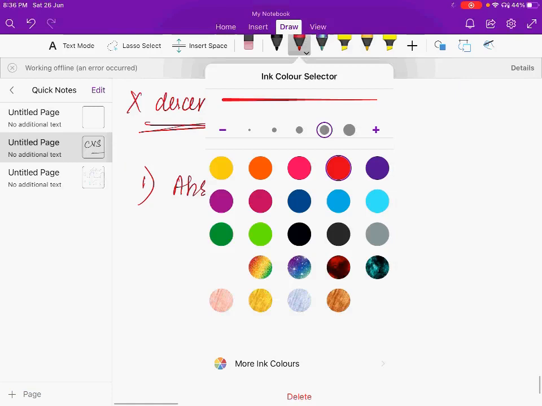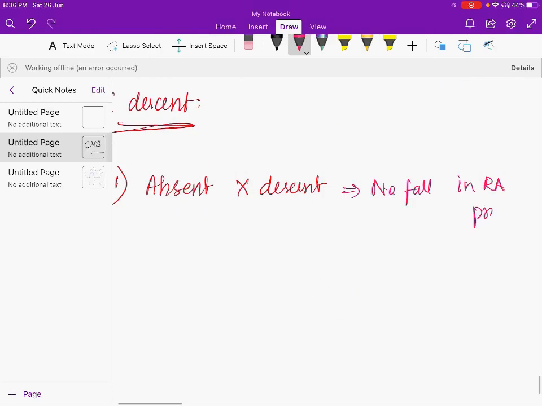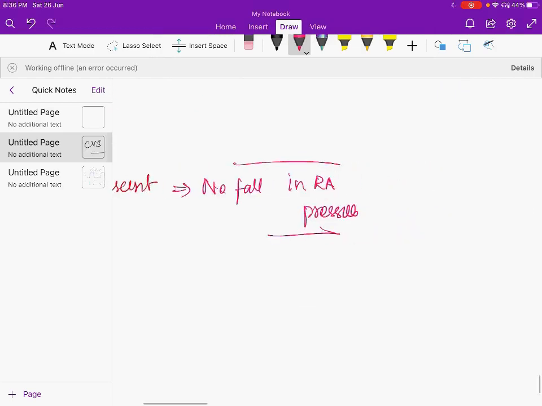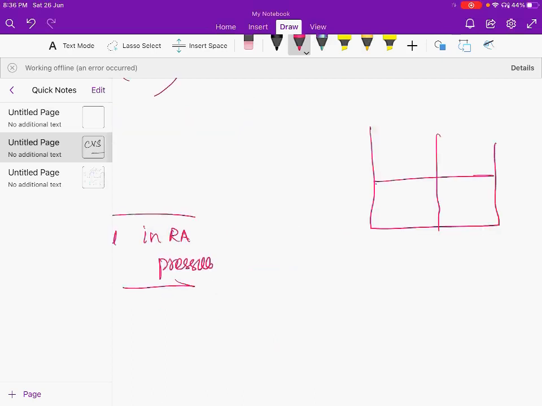So why does absent X descent happen? There is no fall in right atrial pressure. Yeah, TR, tricuspid. Why tricuspid? I will explain. As I told you earlier, during X descent, the floor of the right atrium is pushed down, so there is increased space.